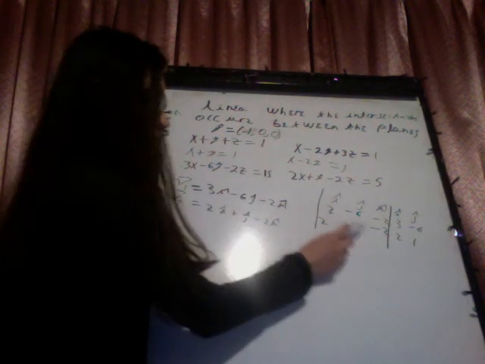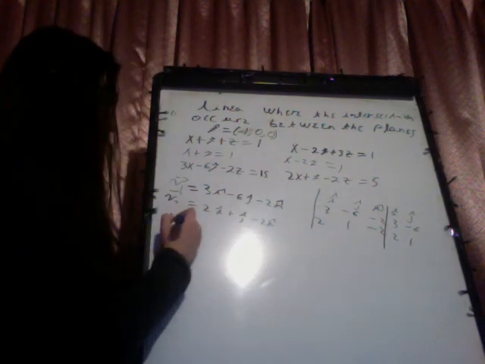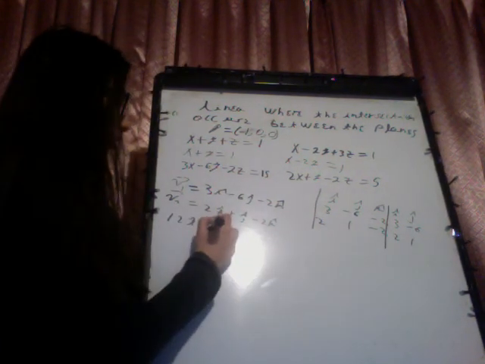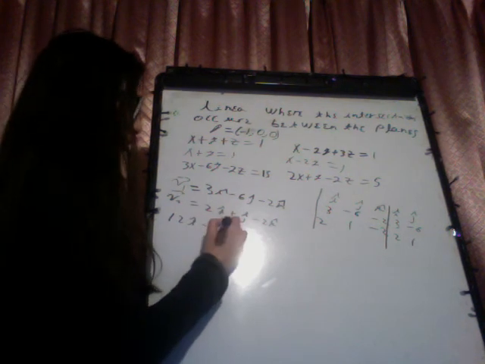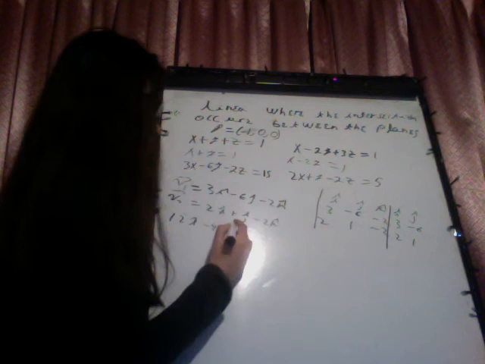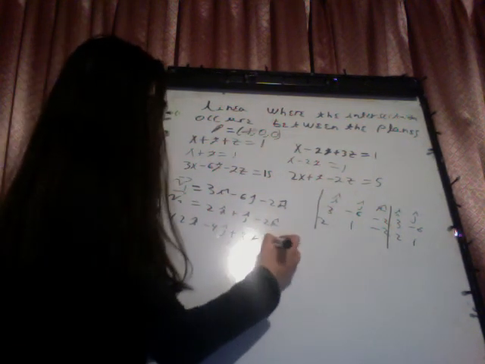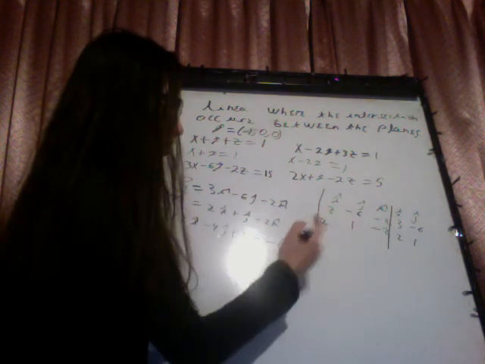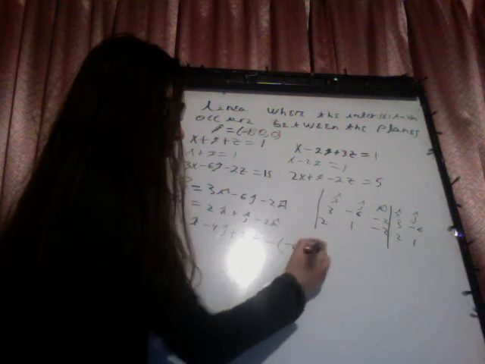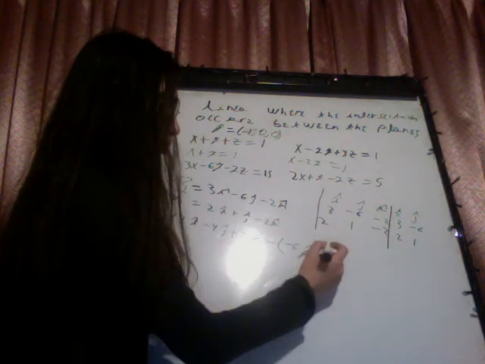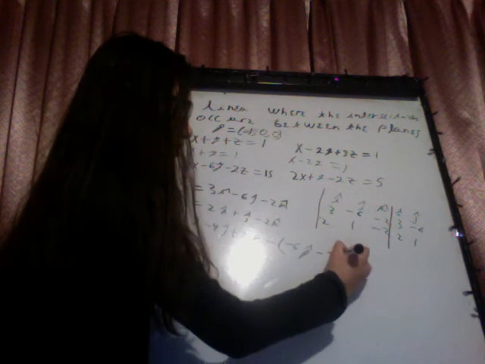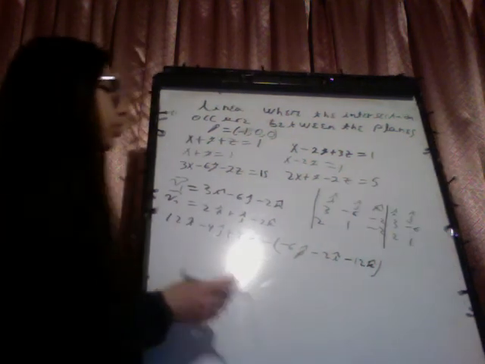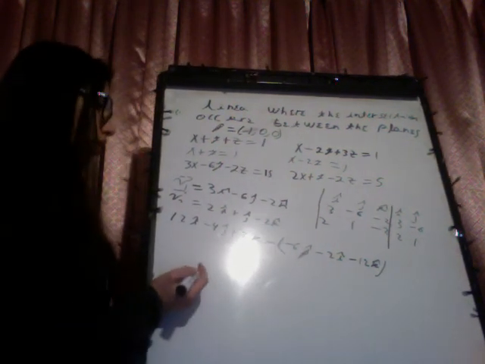Alright, so first this is 12i minus 4j plus 3k minus 6j minus 2i and minus 12k. I hope not to be doing another silly mistake.